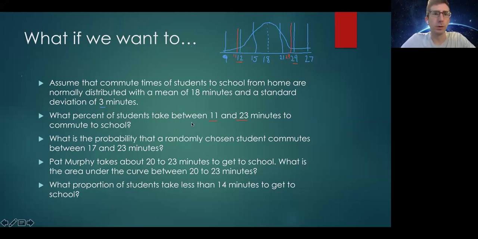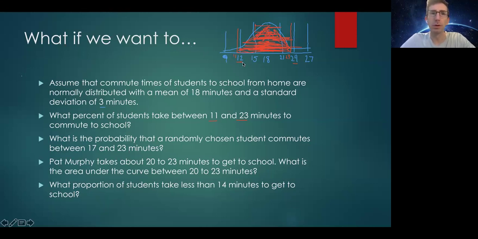And what do we need to do to answer this question? We need to find the area under this portion of our normal distribution, right? Everything in here. But what's the problem?